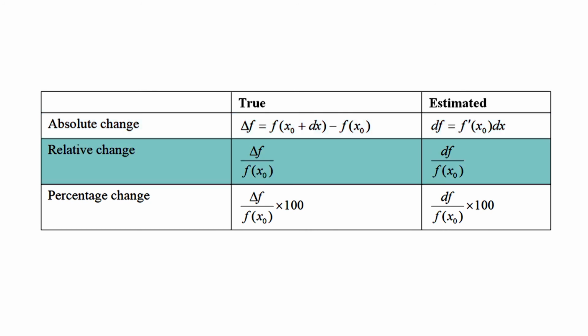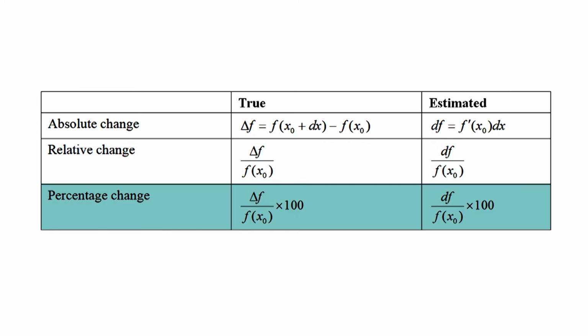True value of relative change in f is delta f / f(x₀), and estimated value of relative change in f is df / f(x₀). True value of percentage change in f is delta f / f(x₀) times 100, and estimated value of percentage change in f is df / f(x₀) times 100.